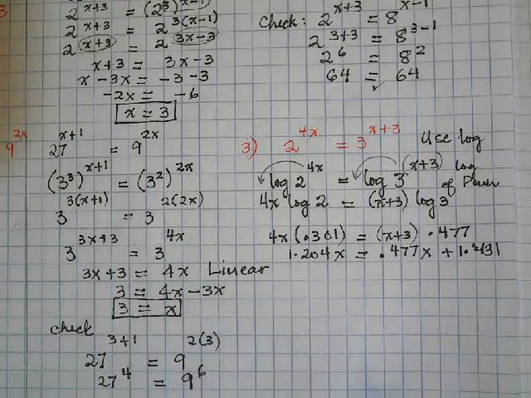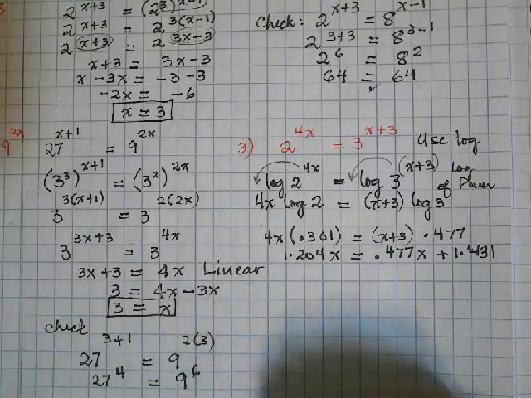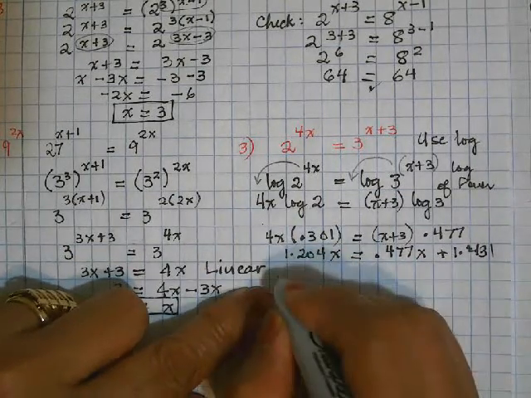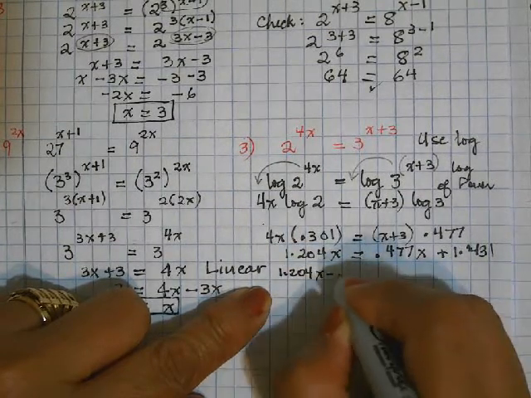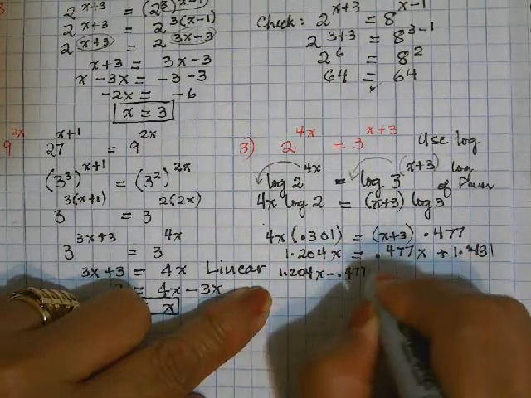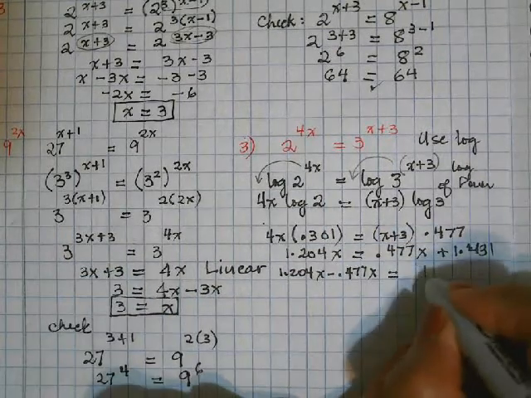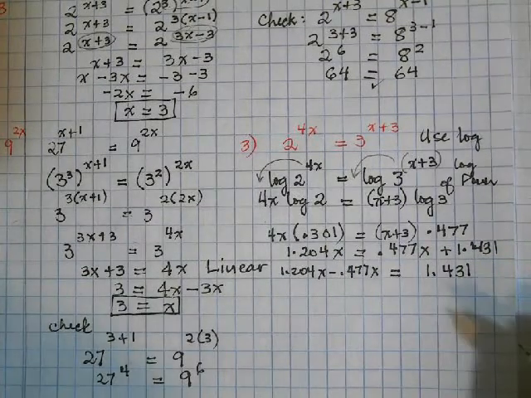Okay, then we combine the 2 x's. So this will go to the other side and join this one, so that will be 1.204x minus 0.477x. I'm going to move my equal sign there a little bit, 1.431, and then the rest is just arithmetic.